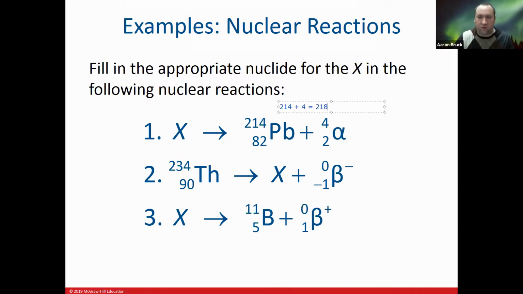It gives me a total of 218. I would anticipate that since this is the only component over here, its mass number would be 218 also. On the bottom side, I've got 82 plus 2 for the alpha particle is 84. So my atomic number is 84 here.